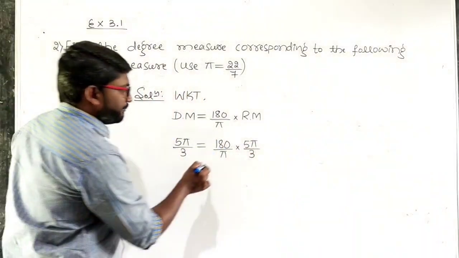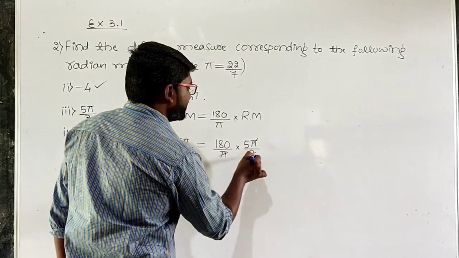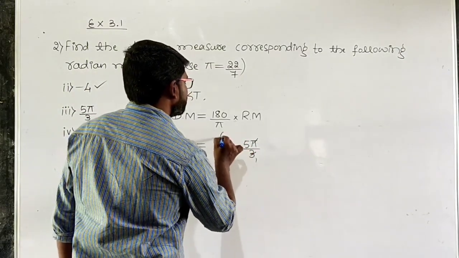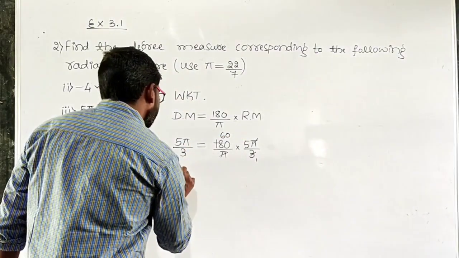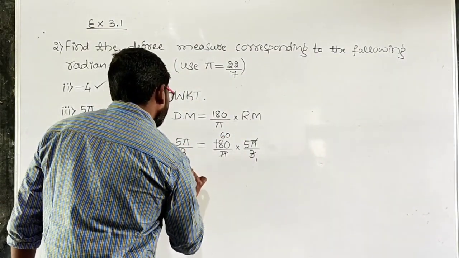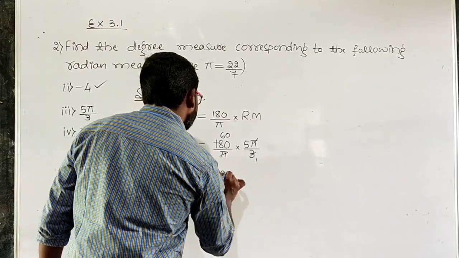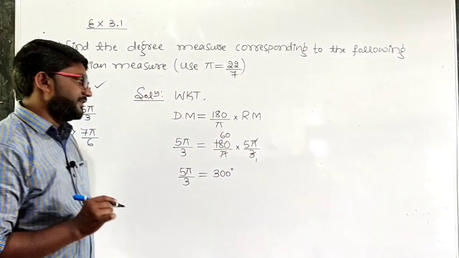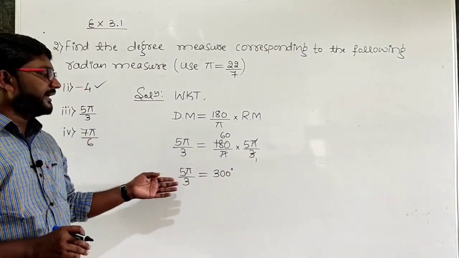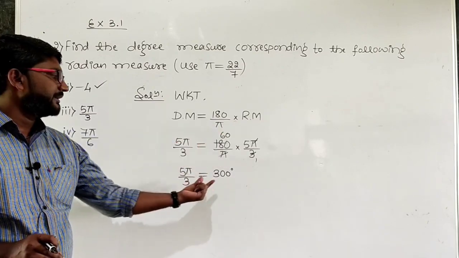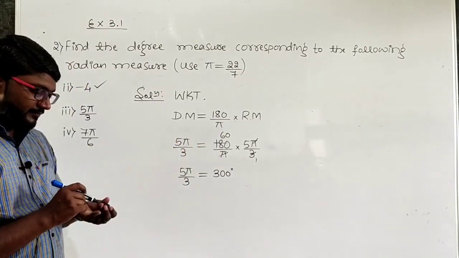So now pi and pi get cancelled. Here 3 ones are 3, 3 sixes are 18, so it is 60. Now 60 into 5 is 300. 5 pi by 3 equals 300 degrees. So we have converted 5 pi by 3 radian into degrees. It becomes 300 degrees. So let us go for the fourth one.